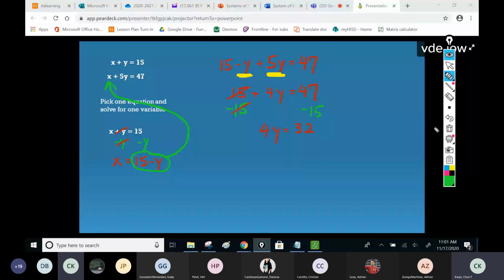And then the last step is divide by 4, divide by 4. So that means he has 8 of those $5 bills. He's got 8 of those $5 bills. So that means a total of $40 right there.